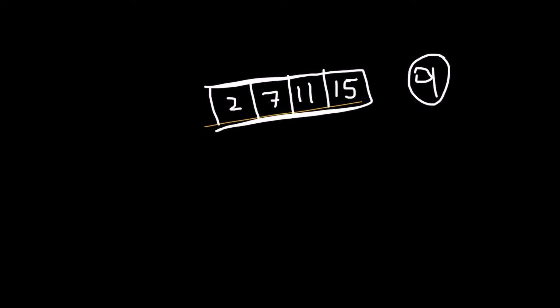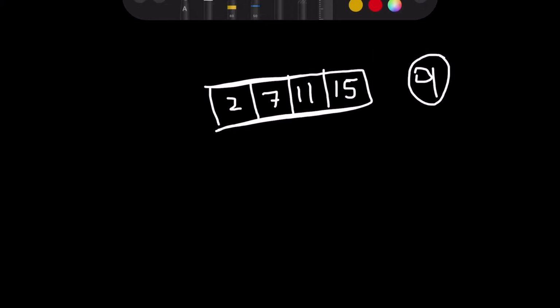Here we have this array. The target we are going to focus on is 9. There are multiple ways to solve this. One is the complicated approach, the n-squared solution, where we have two for loops.